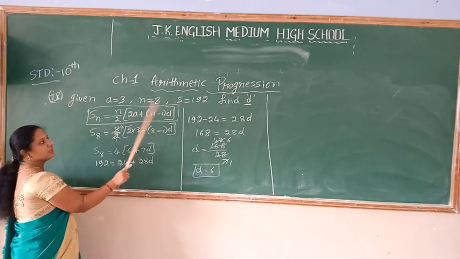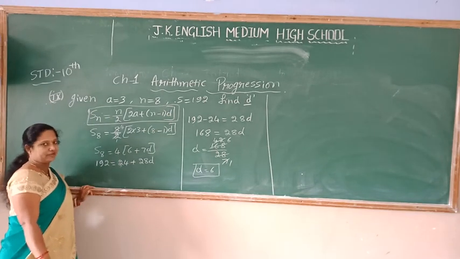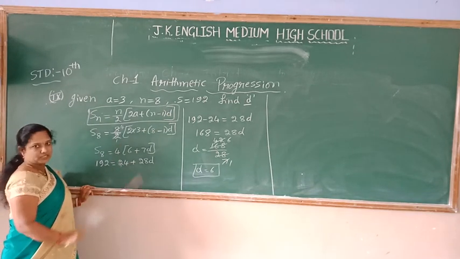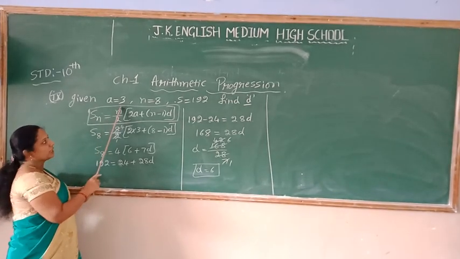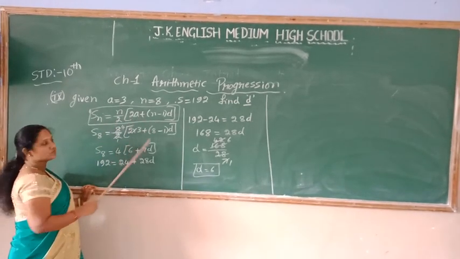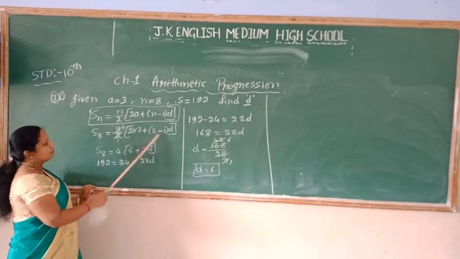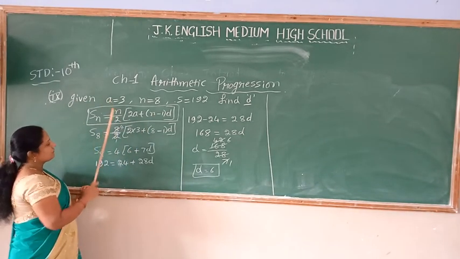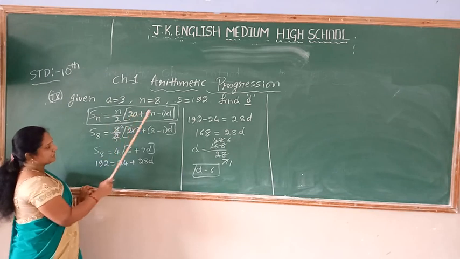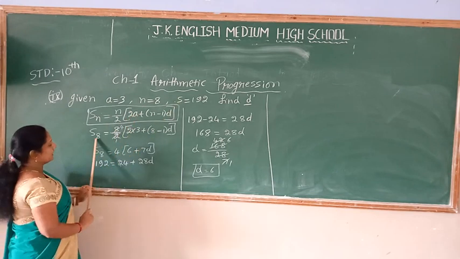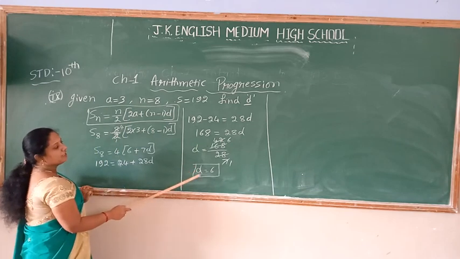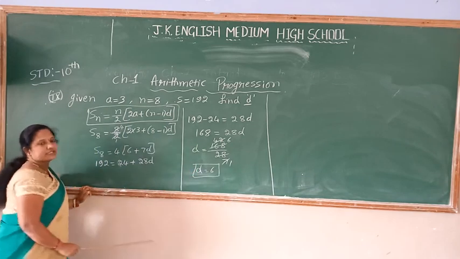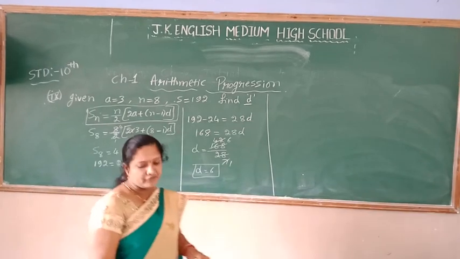So only d remains, and I can find d by substituting the remaining values. I write the formula Sn is equal to n by 2 into 2a plus n minus 1 into d. Substitute the given values: in place of a, 3; in place of n, 8; and in place of Sn, 192. Substitute and simplify for d. You are going to get the d value as 6. They asked us to find the value of d.